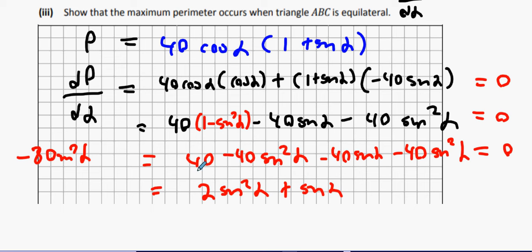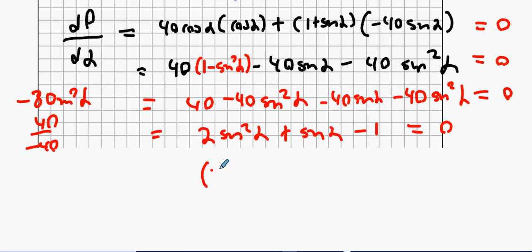And what's 40 divided by minus 40? It's minus 1. Now, we're going to solve this. You don't need the minus b. It's a quadratic equation. It's 2x squared plus x take away 1. It's exactly the same thing, except it's just sine alpha instead. This is grim.